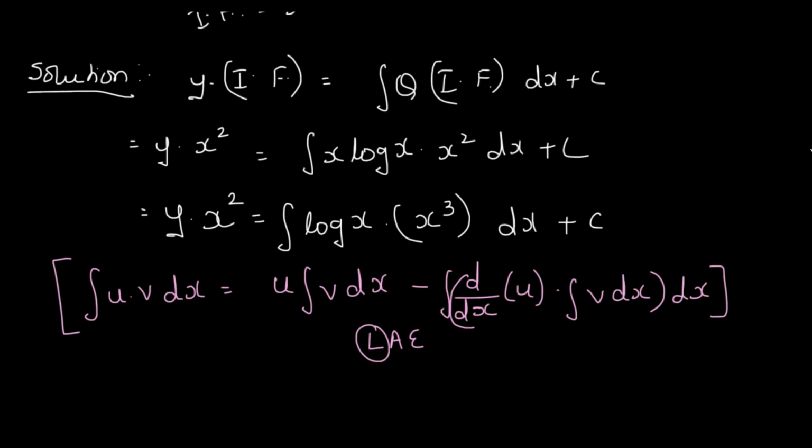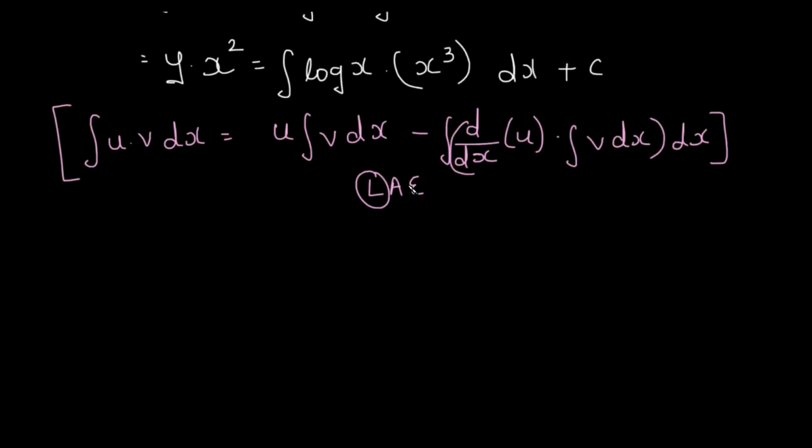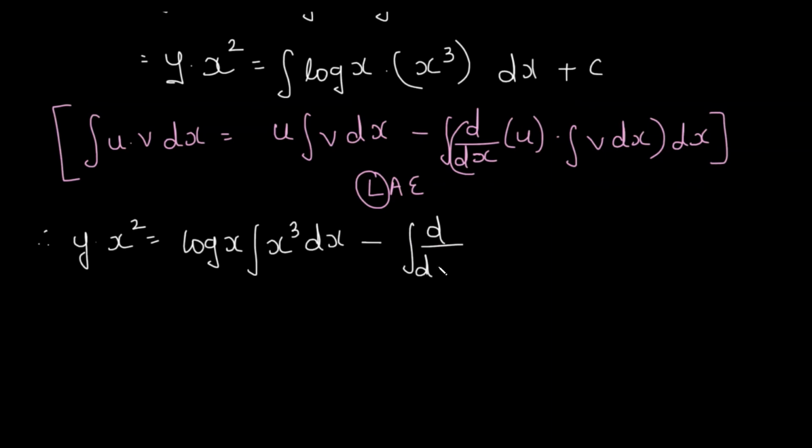So thus our integral on the RHS comes out this way. Therefore, y into x square is equal to, now u integral v dx. So we have log x integral x cube dx, using the same formula, minus integral d dx of log x into integral x cube dx, the whole into dx.